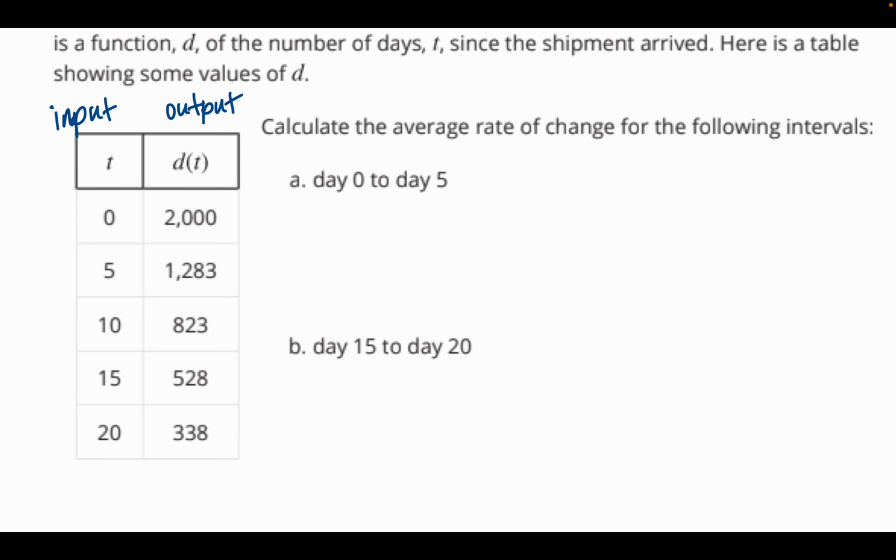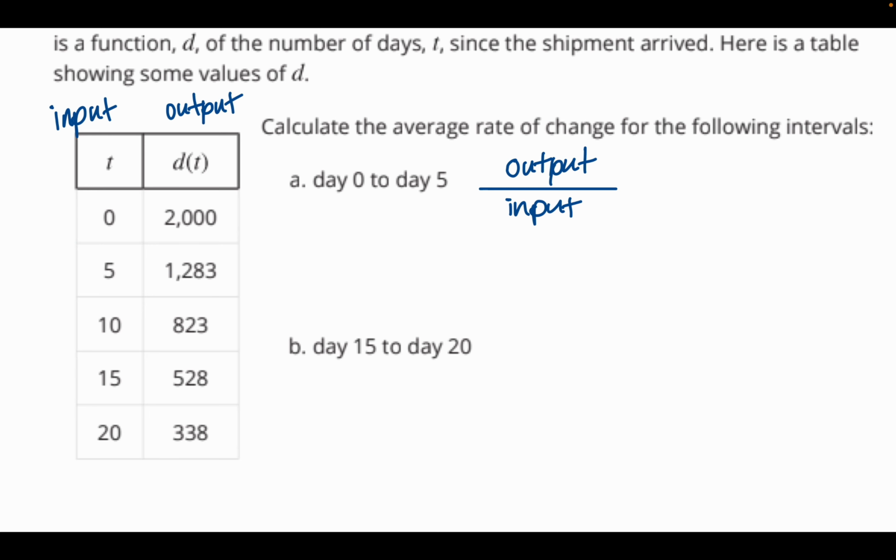We're always going to do the difference between our outputs divided by the difference between our inputs, so output over input.